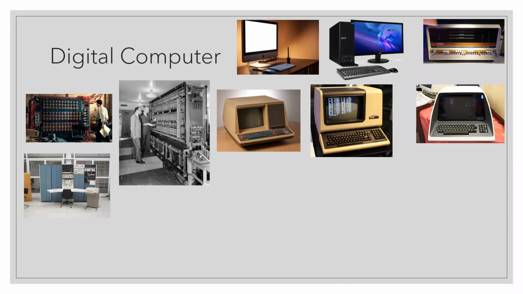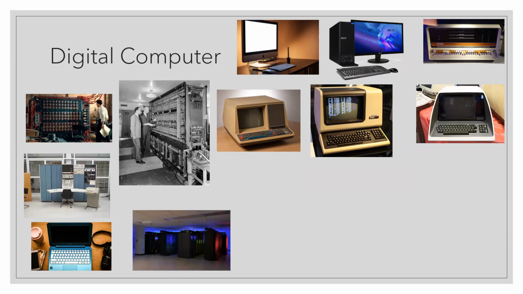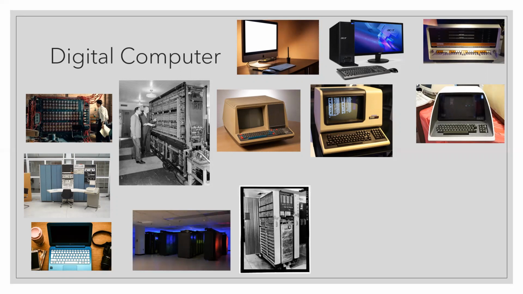And if we say about this, this is the mainframe computer, this one a laptop, and beside this we have a digital camera, mobile phone, this is the smartphone, and this is a supercomputer, and this one is also a mainframe computer.